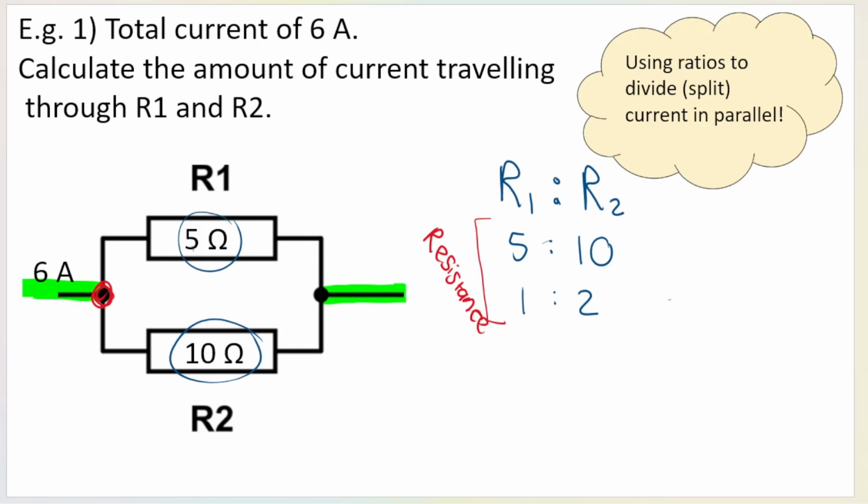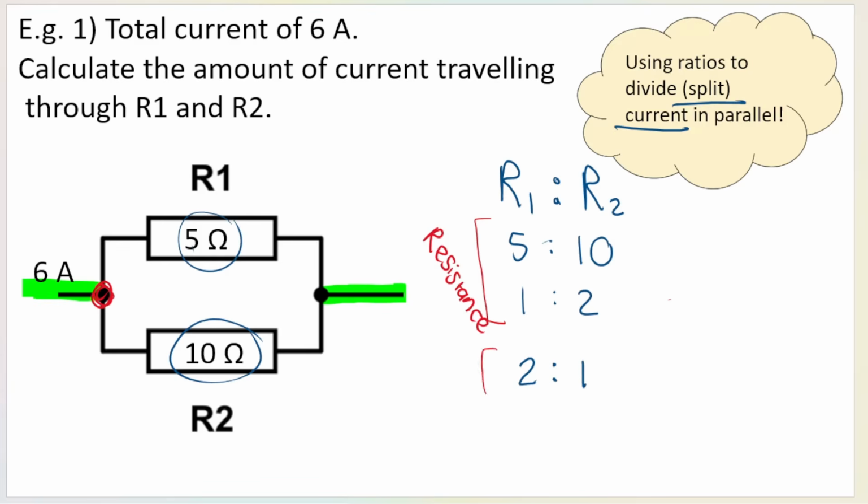Now, what did we just learn about resistance and current? They do opposite things. So the smaller the resistance, the bigger the current. So you will always do this when you are splitting currents: you take the ratio of resistances and you flip it. So 1 to 2, you must write 2 to 1.